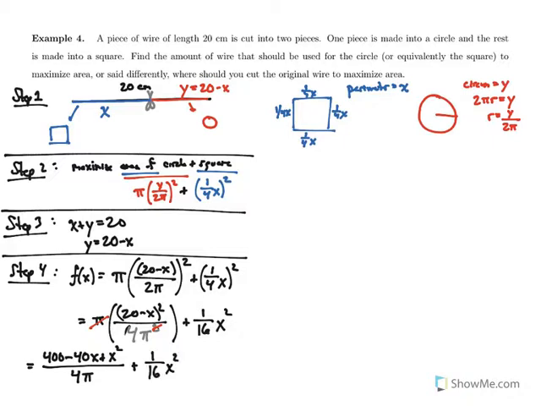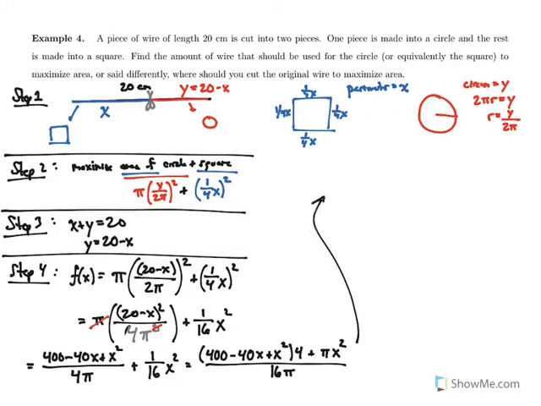Maybe it's nice to combine that into one fraction. We can write this as 400 minus 40x plus x squared, times 4, plus pi x squared, all over 16 pi.